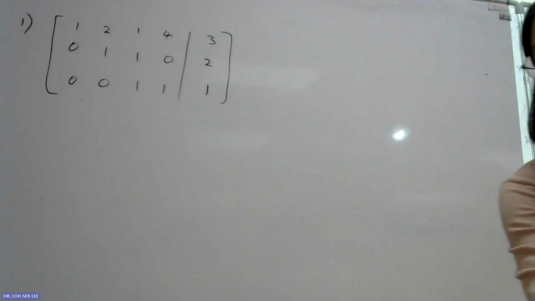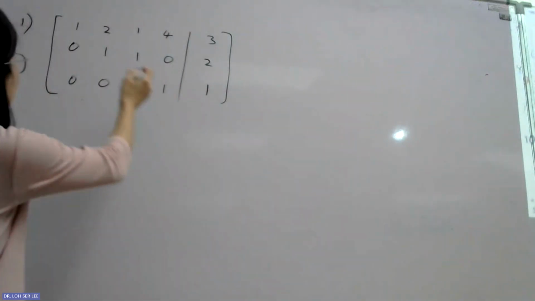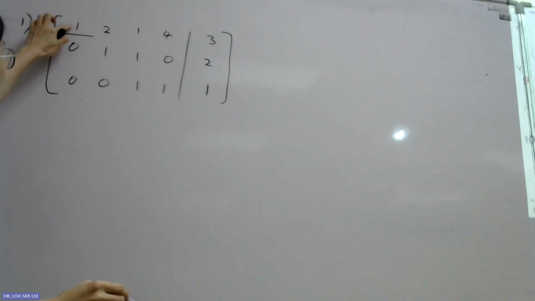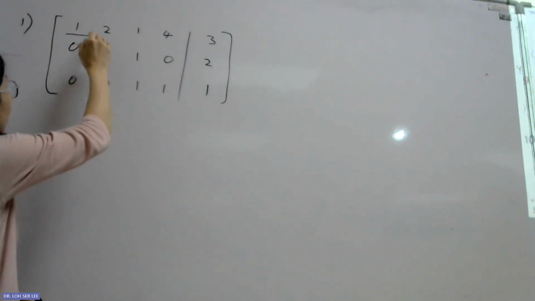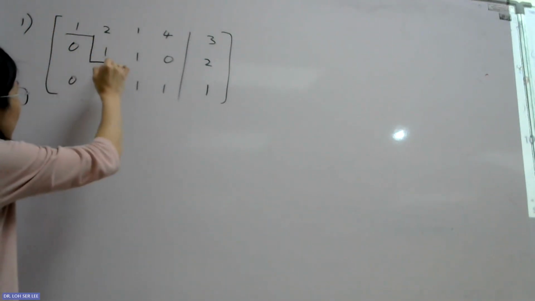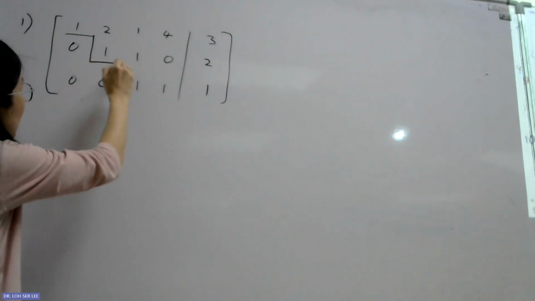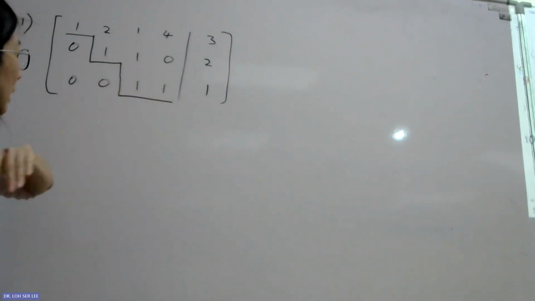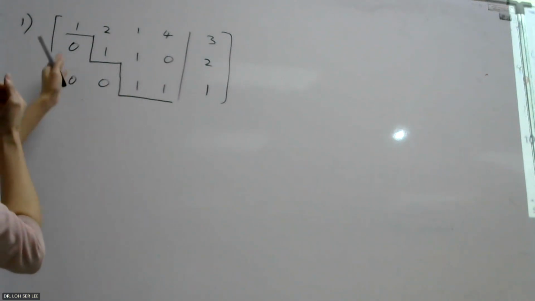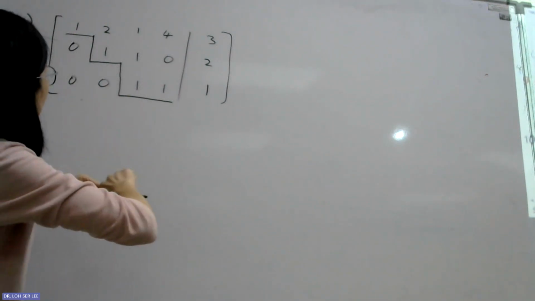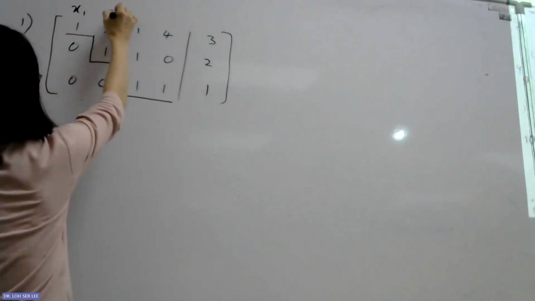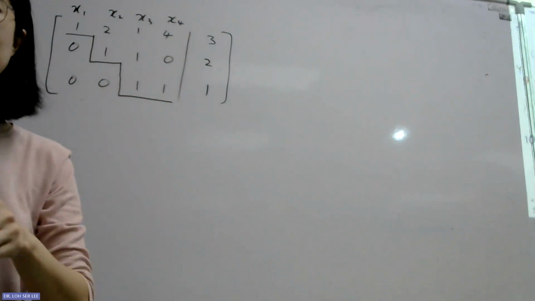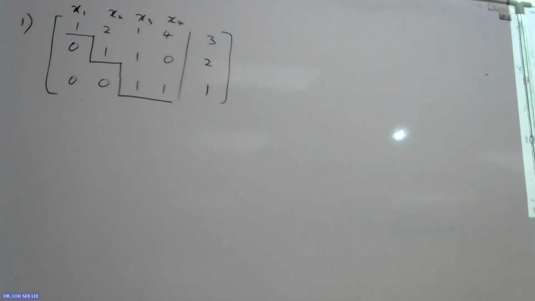You sketch the staircase. See, this one is non-zero, so this is a pivot. When you see a non-zero, it goes down and then cross, all the way to the last. Let's say I use x1, x2, x3, x4.